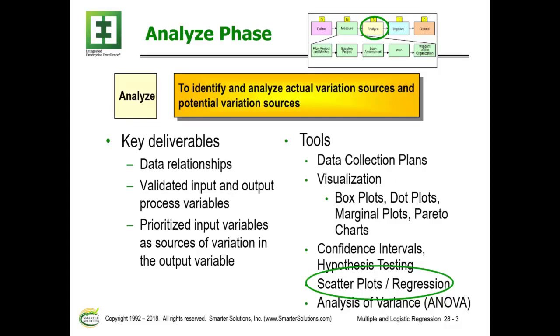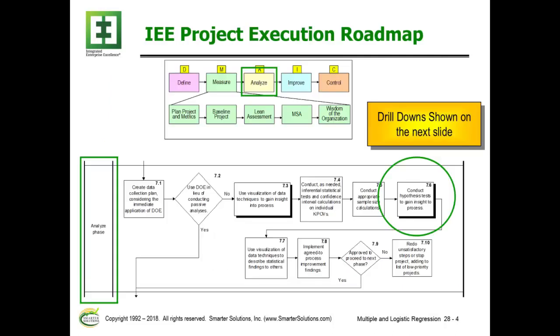Where does this analysis fit in the overall picture? Well, as shown under the analyze phase, we would need to do hypothesis testing, and one of the possibilities for conducting hypothesis testing is regression analyses in various forms. The drill down of the analyze phase leads us to hypothesis testing.